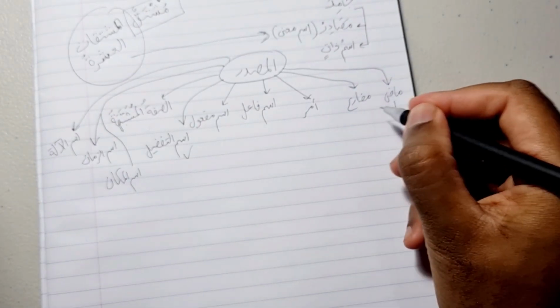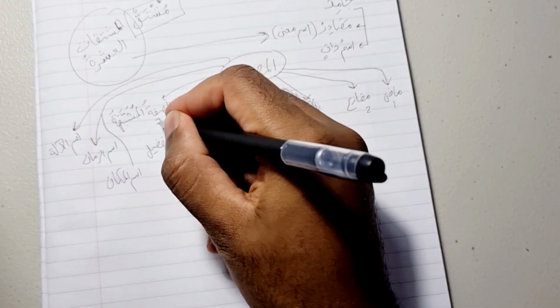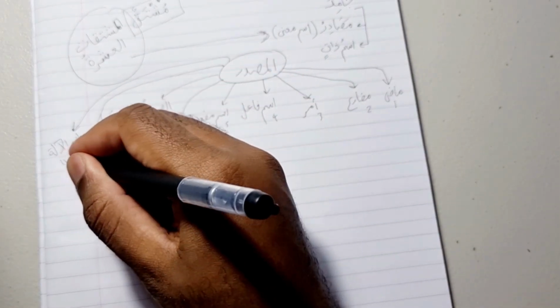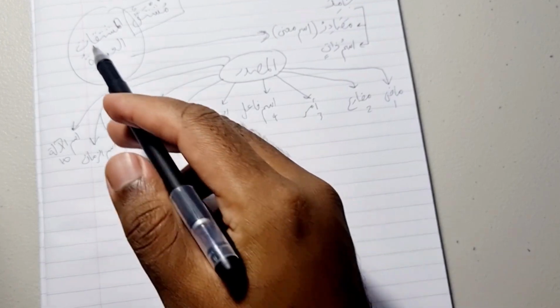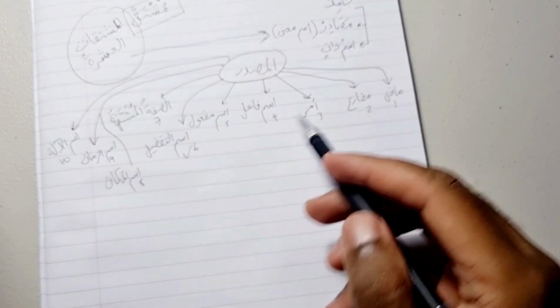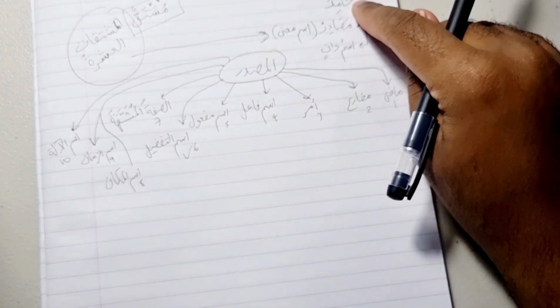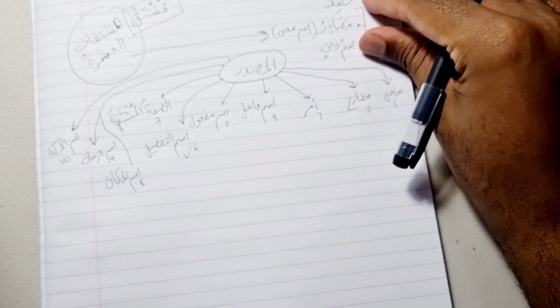So we have in total 1, 2, 3, 4, 5, 6, 7, 8, 9, 10 mushtaqat. And all of these mushtaqat, words which have been derived from other words. And the root and the source is the masdar. The masdar is jamid. This is a primary word that was not derived.